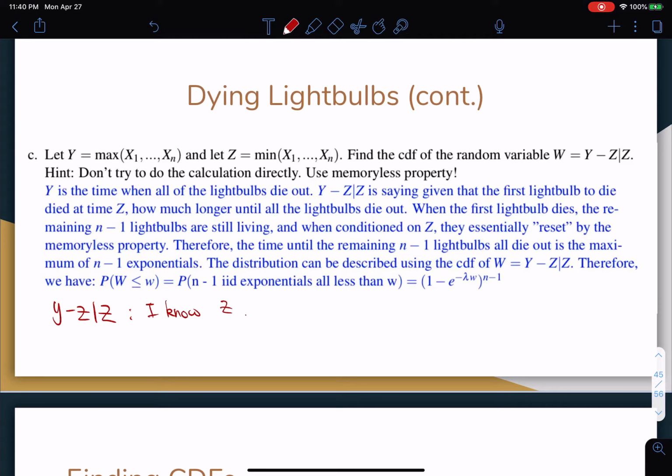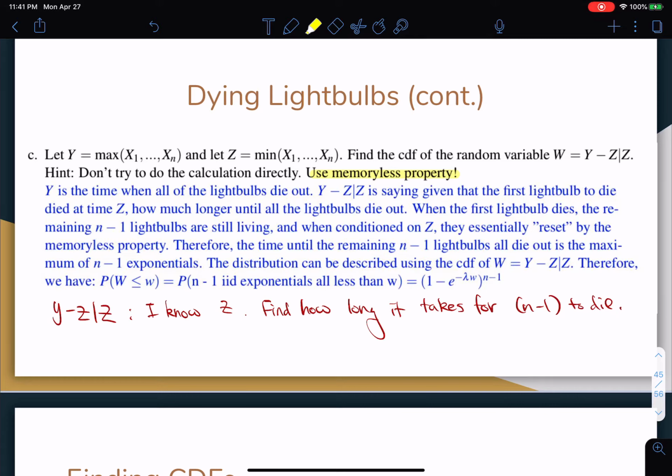I know z. And I want to find how long it takes for n-1 to die out. Now, the way to do this is to use the memoryless property, as the hint suggests. By the memoryless property, when the first one dies, the distribution gets reset.